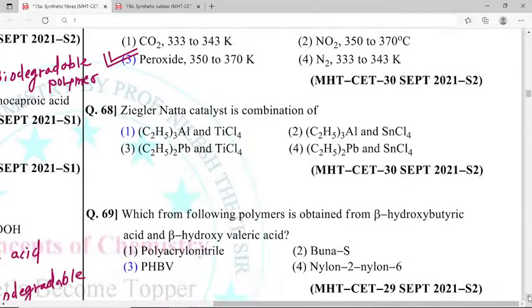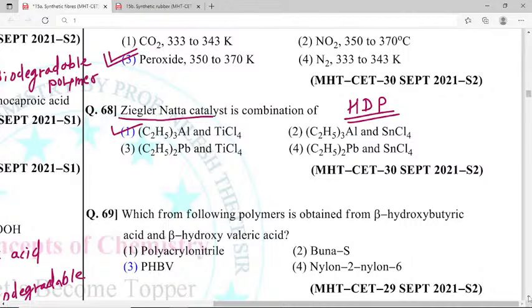Next question. Ziegler-Natta catalyst is a combination of. Important question. Ziegler-Natta catalyst: triethyl aluminium plus titanium tetrachloride. Ziegler-Natta catalyst is used for preparation of high density polythene, HDPE.